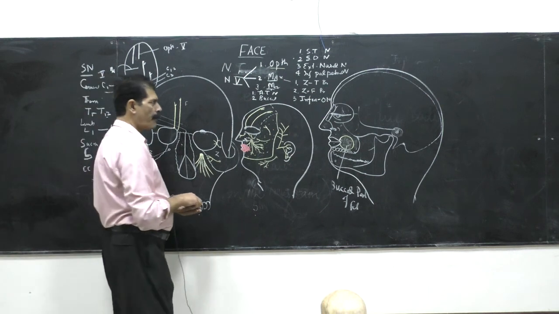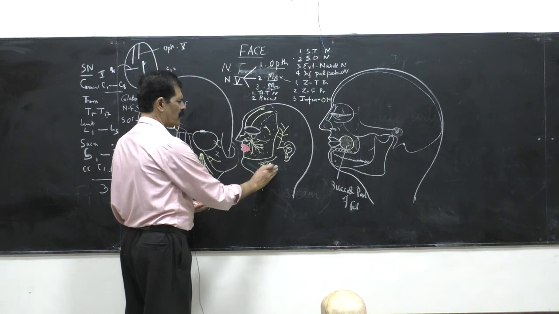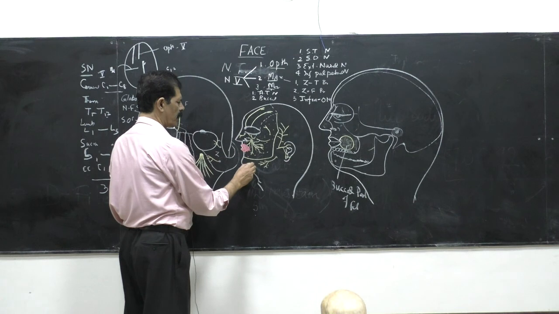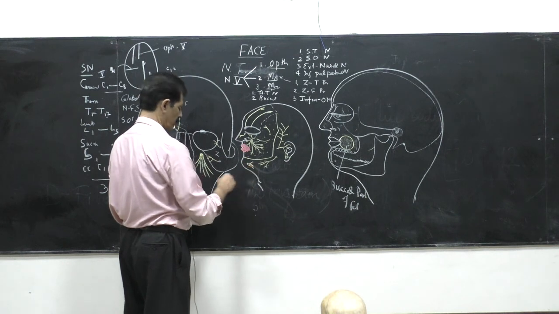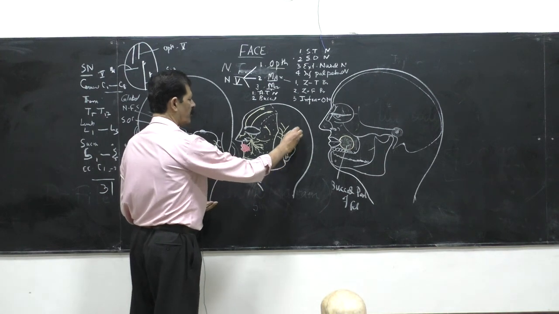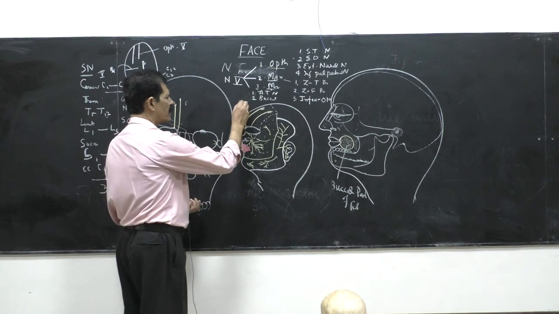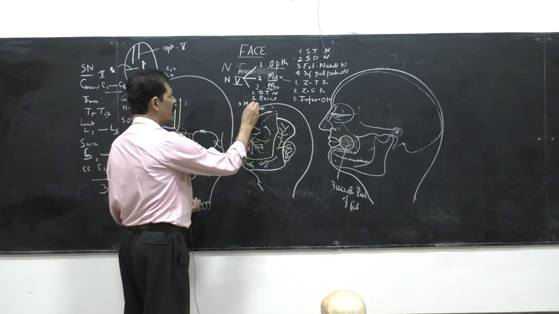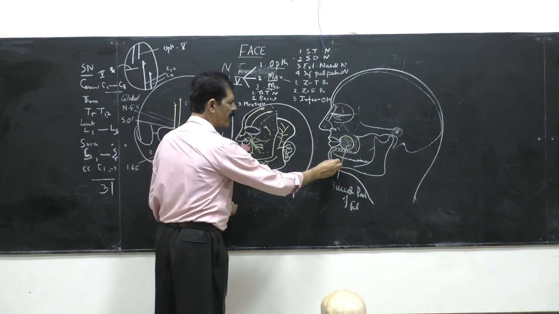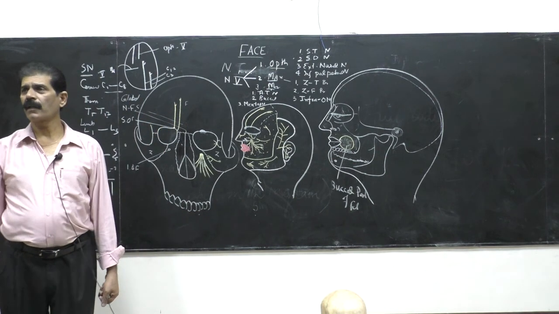Then comes the lower branch, supplying the skin of the chin. So this much area of the skin of the face is under the mandibular division. The third branch is the mental nerve. The mental nerve comes from the mental foramen of the mandible. So these are the names of the branches.